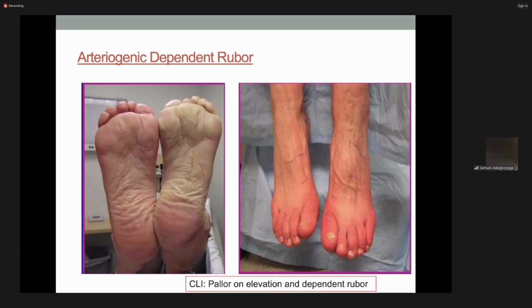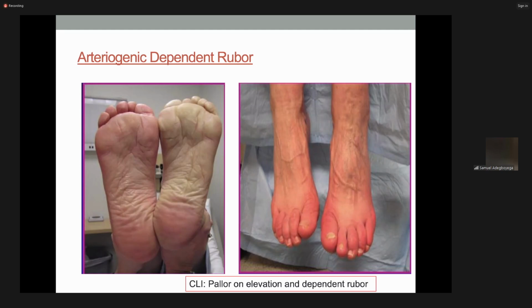Arterial or venous? Arterial. The reason why I say that is a little qualification here. For arterial, it takes more than 20 seconds for the color to come back, to being dependent rubor, even back to normal. Sometimes it doesn't go back to normal, it just stays dependent rubor.